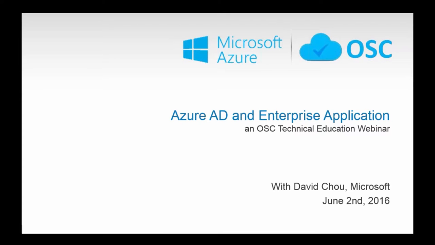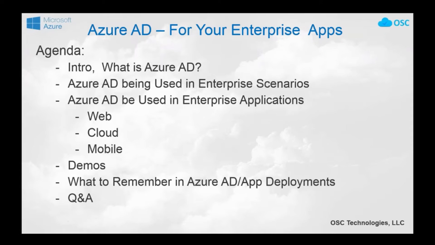The agenda will be as follows. We have an intro led by David about what Azure AD is and how it's being used in the enterprise. Then we're going to have Julian Zhu, managing partner from OSC and technical guru at Azure and applications, discuss and show demos that directly relate to how to take Azure AD and integrate it into applications.